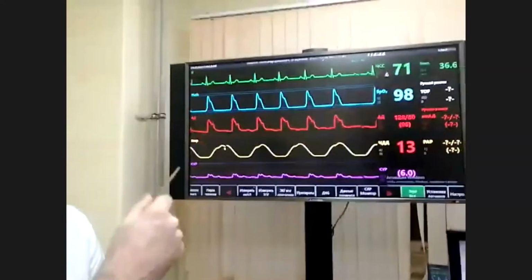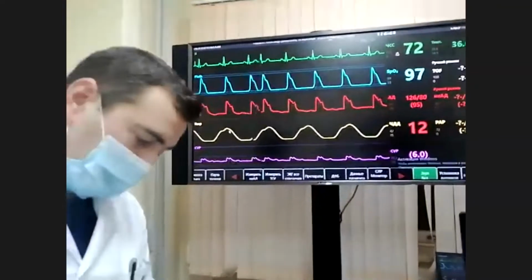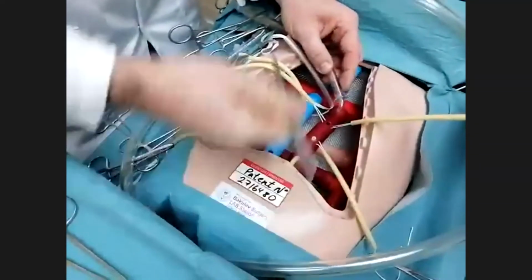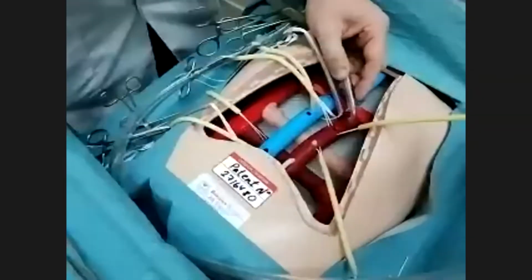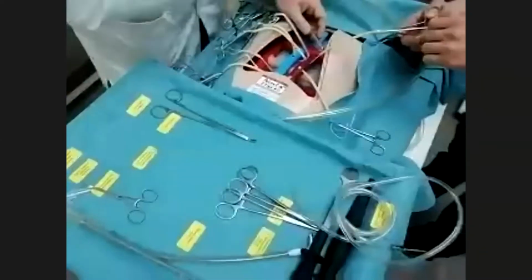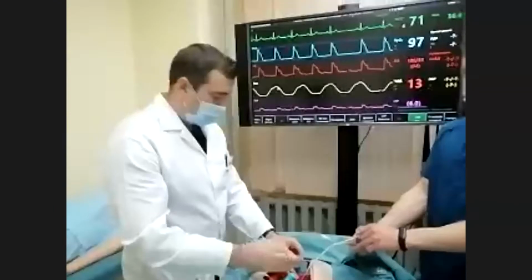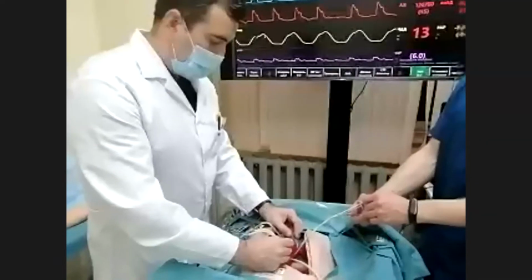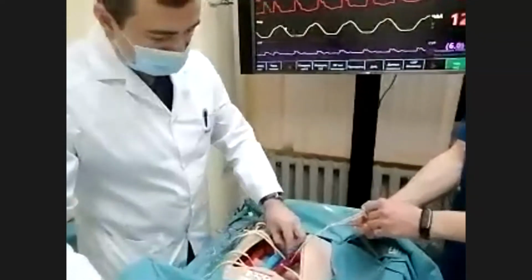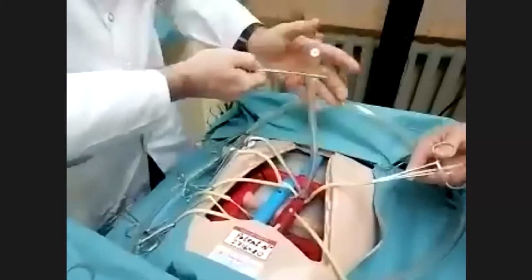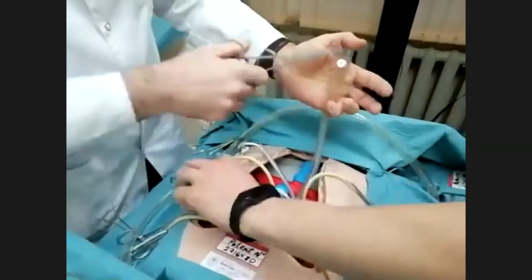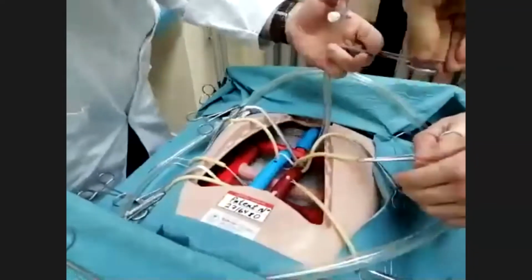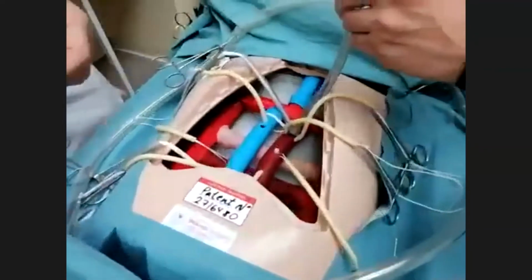It's too high for cannulation, and I ask my anesthesiologist, please put the head up, and then I see on my monitor that the level of the arterial blood pressure is dropping down, and then I put my cannula into the aorta. It's just an imitation. Then fixation, fixed cannula.